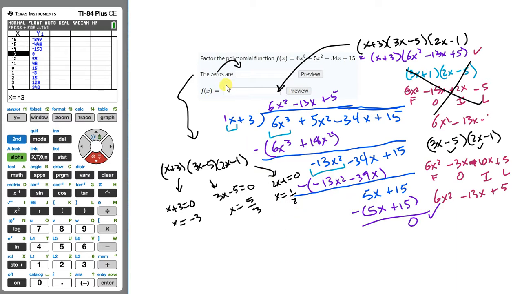So I would have negative 3, 5/3, and 1/2.